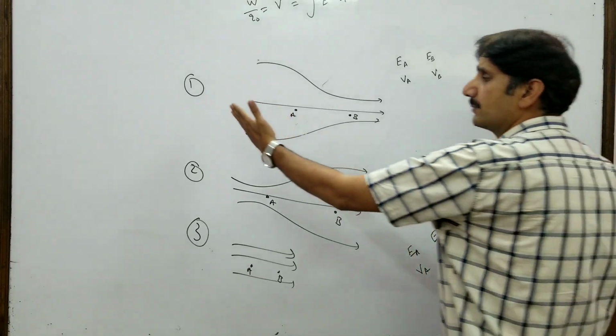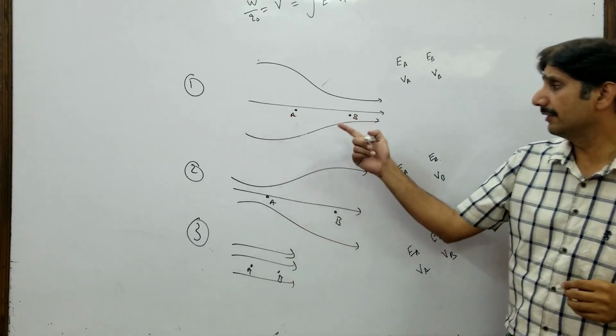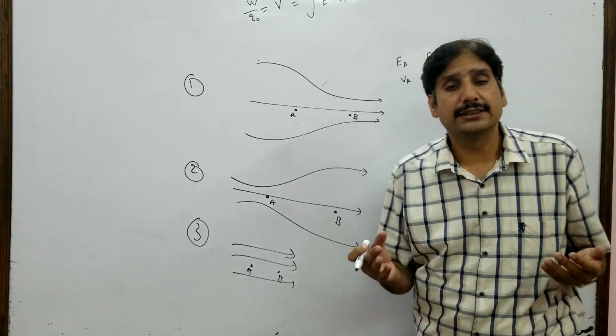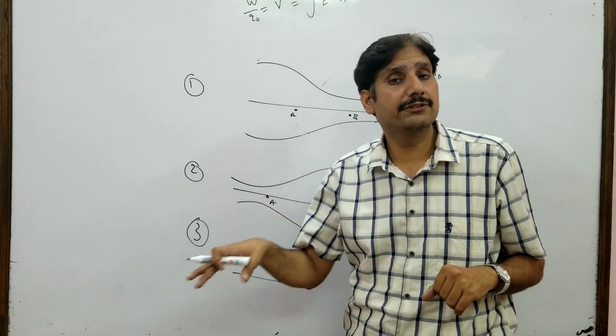Since electric field is pointing from that side towards me, the field lines are going from A to B. I have already told you that electric potential decreases if you move along the field.